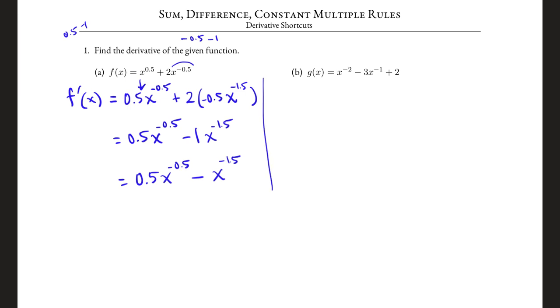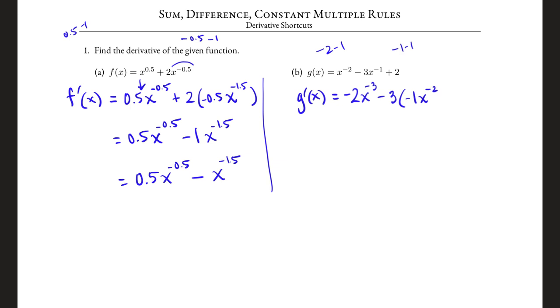For part B, this is a sum and a difference, so we take the derivative term by term. G prime of x: the derivative of x to the negative 2 using the power rule is negative 2x, and we lower the power by 1. Negative 2 minus 1 is negative 3. Minus 3 times, this is the constant multiple, the derivative of x to the negative 1 is negative 1x, and we lower the power by 1.